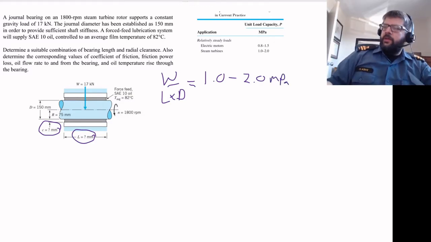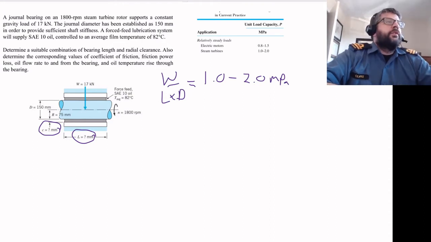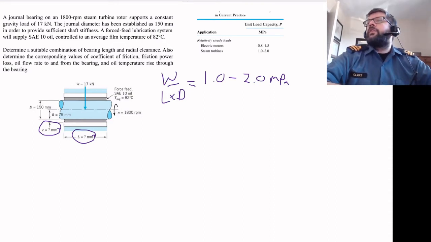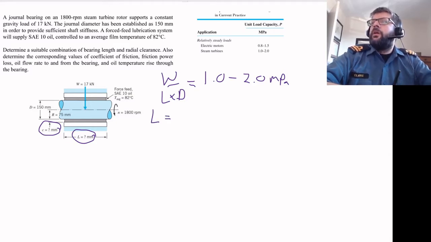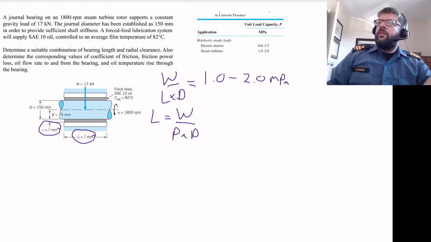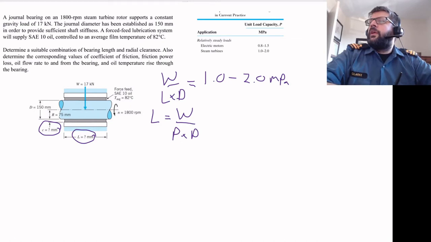So let's just solve for L for those two conditions. L is going to be equal to W divided by P times D. Let's do this for the 1 megapascal one.